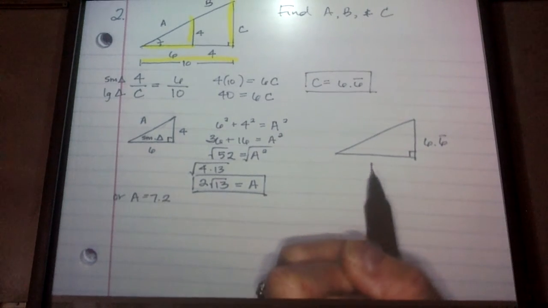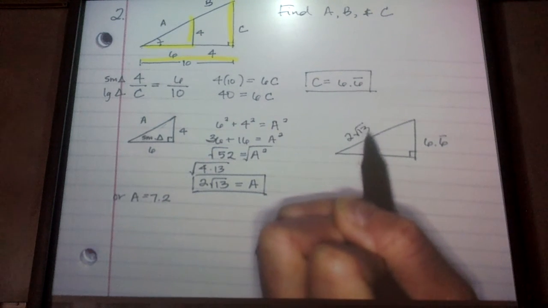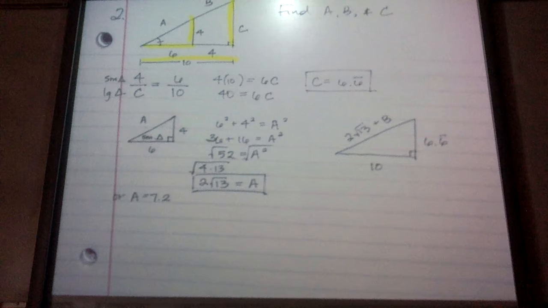I know that this here is 10, and this is A plus B, but I know A is 2 root 13 plus B. Now that is one way to do it, but it is pretty complicated. Or I could set up a proportion, and I think in this case, a proportion would actually be easiest.